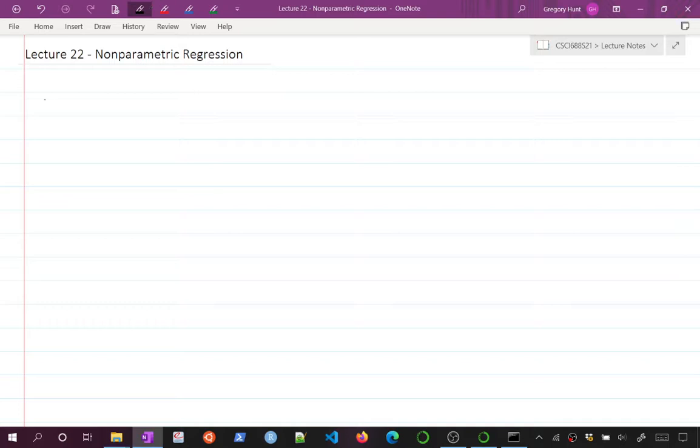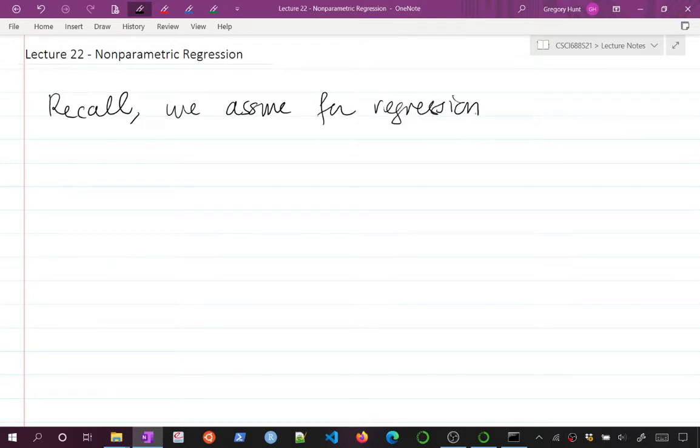So if we recall that we assumed, in a regression problem, that our data had something like the following form.